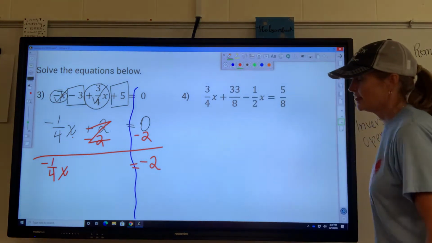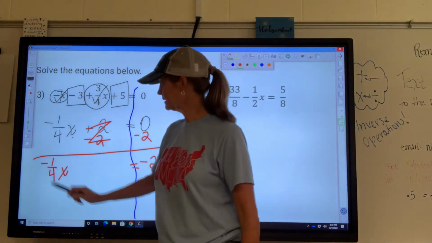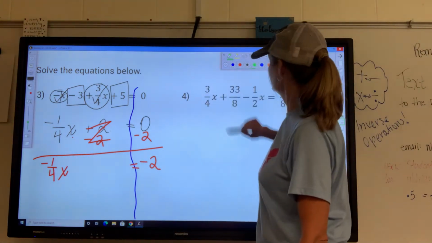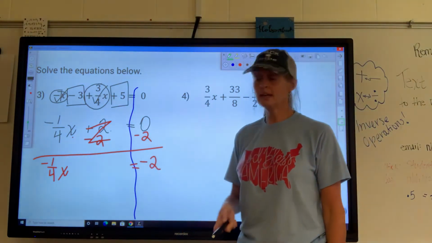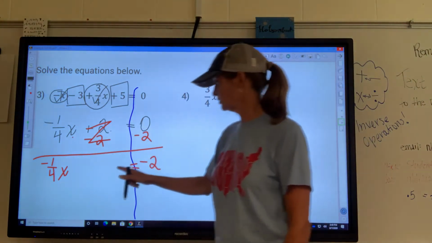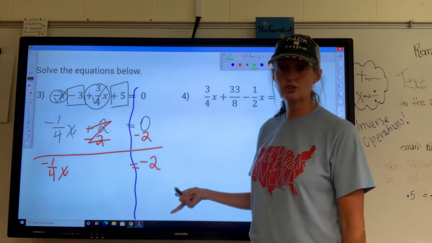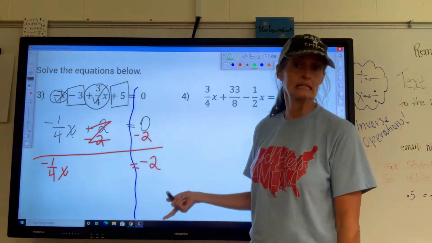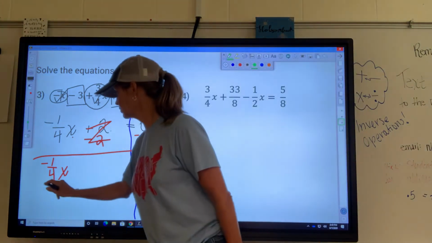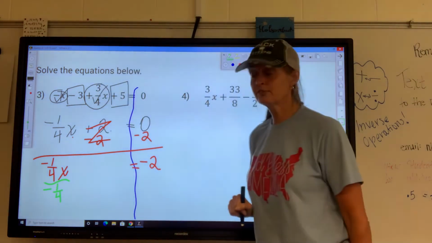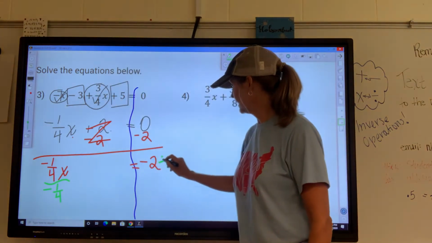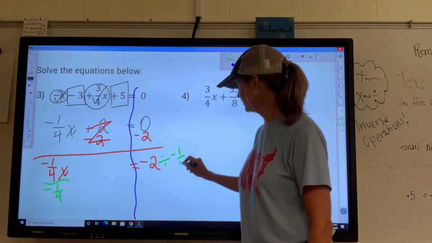All right, then how am I going to get that negative 1/4 away from the x? Well, I don't really know negative 1/4 times what equals negative 2. So I am going to work the math and divide by negative 1/4, divide by negative 1/4.